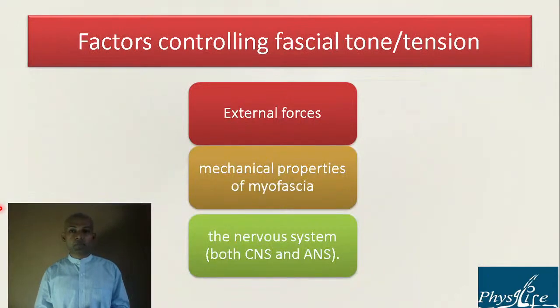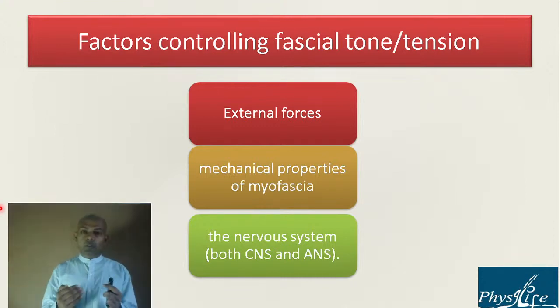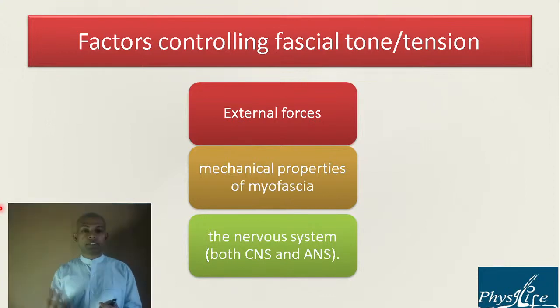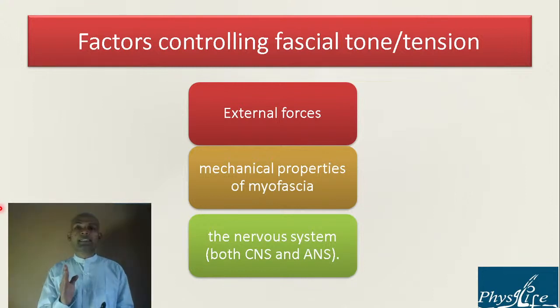That brings us to what are the factors that control the fascial tone and tension. Now, before we go here, we have established that our musculoskeletal problems of poor posture and problems of poor movement and dysfunctions, the inability to perform function arising from that, are related to the length tension relationship of the muscles.